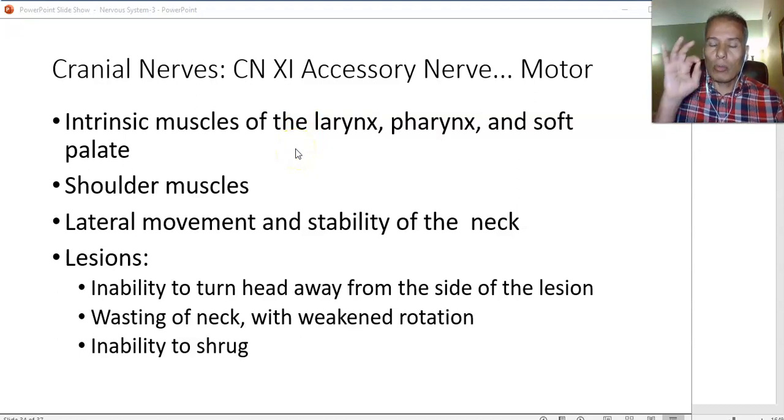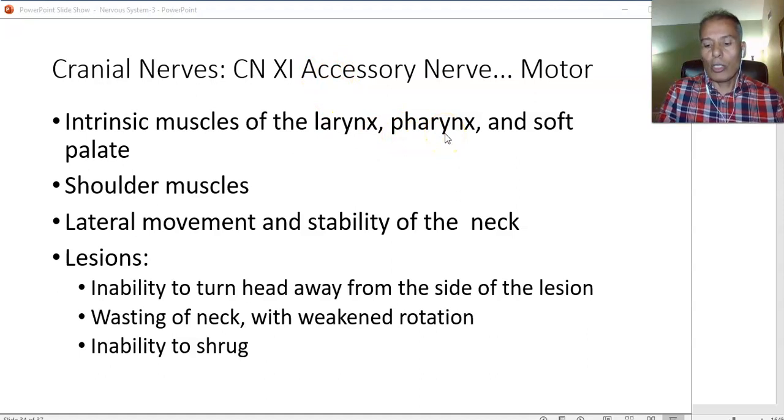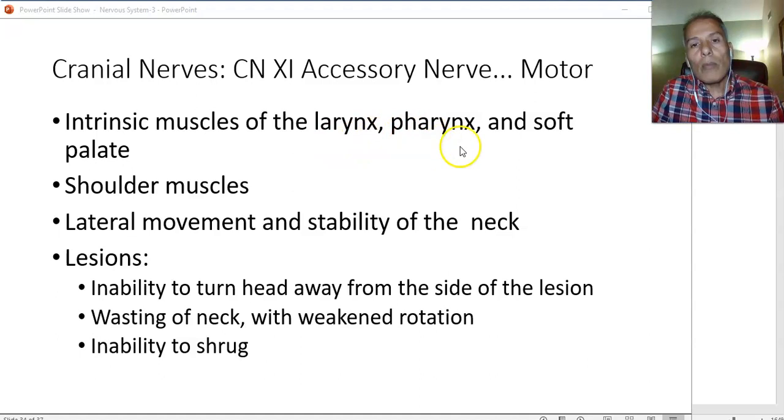I need you to go back, find them out, and make a complete list of them. They are all innervated by this nerve. And then the muscles of the pharynx, which include the pharyngeal constrictor muscles, muscles of the soft palate, and you need to go back and find out what these muscles are.